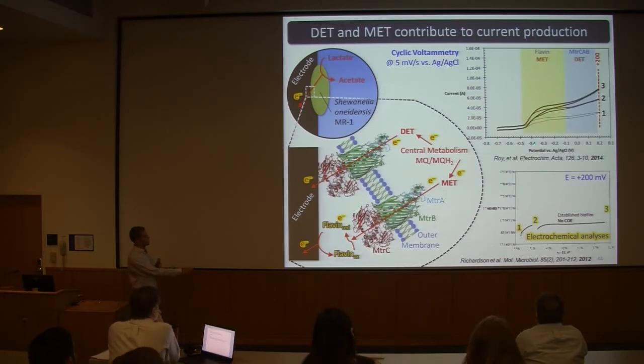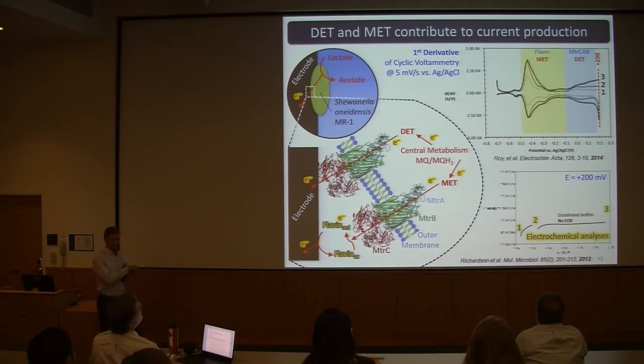This is the flavin, the mediated electron transfer, and this is the direct electron transfer regime. And importantly, if we take a derivative of these traces, you can actually see that we have the flavin, and then there's actually a flavin semiquinone, so that's a bound flavin state that shows up. And then the direct electron transfer peak is sort of broad out here.